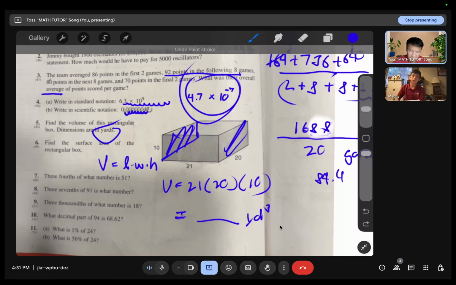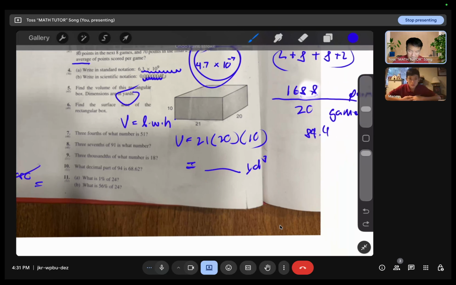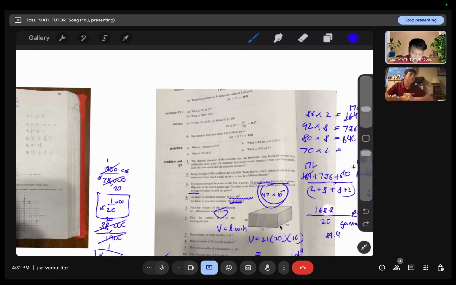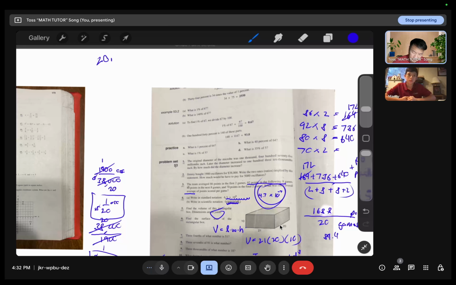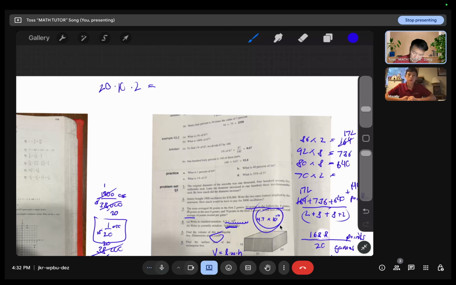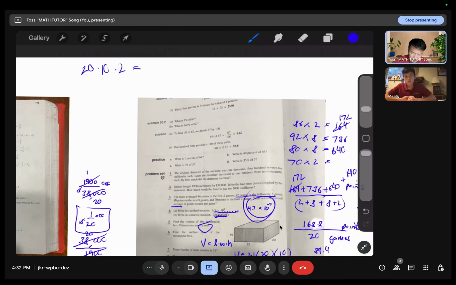So let me go ahead and write that out for you. You can do it however you want, okay? But let me write it out the way you said it. You said 20 times, all right, with the parentheses this time. I'll do a dot, times 10 times 2. I'll write it like this. Your teacher won't mind.